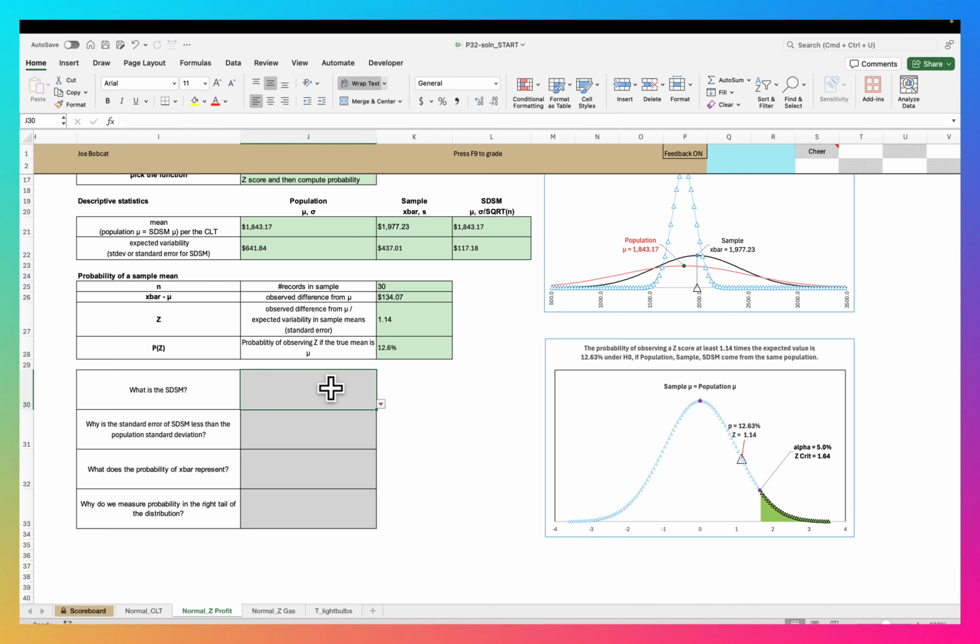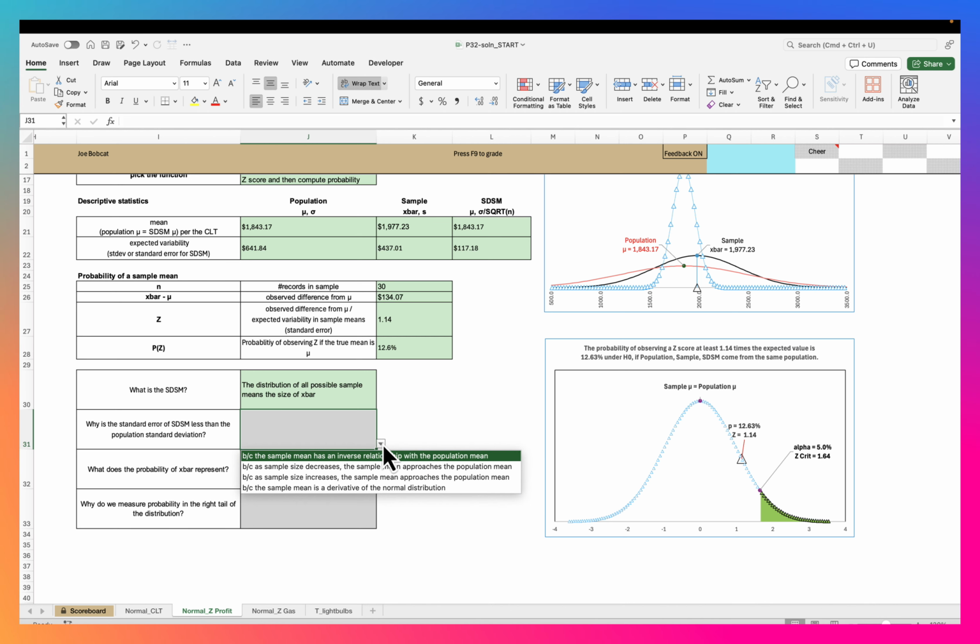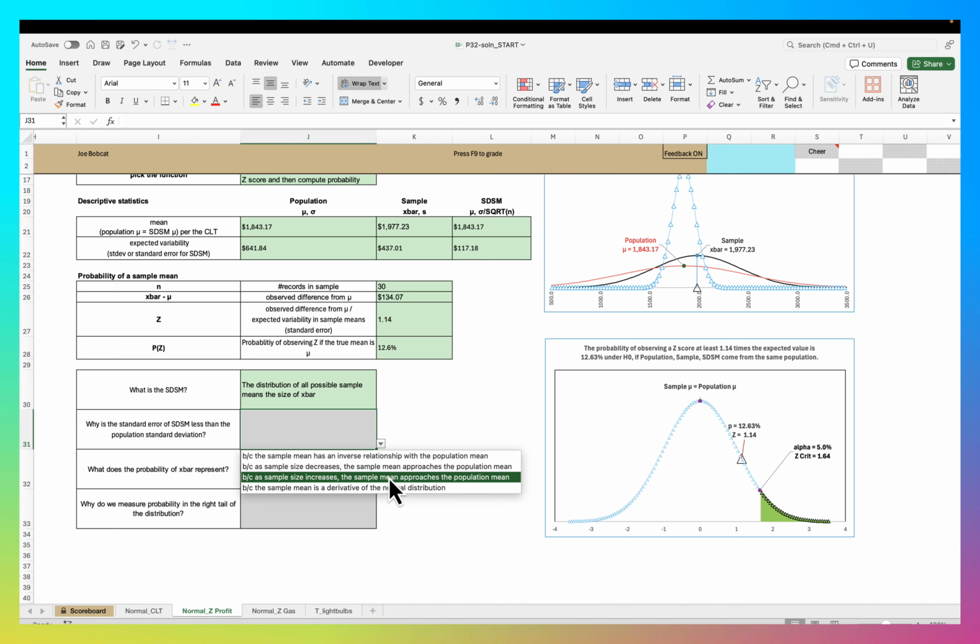Okay, so what is the SDSM? It's the distribution of all possible sample means, the size of x bar. Why is the standard error of the SDSM less than the population standard deviation? And that is, let's see, because the sample size increases.